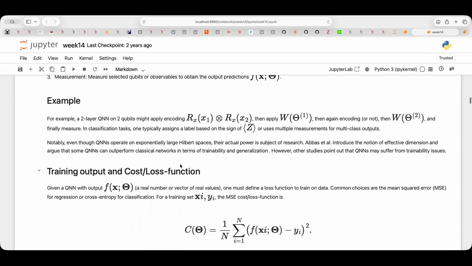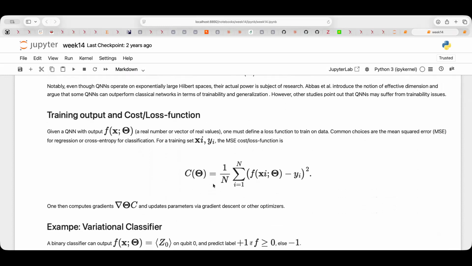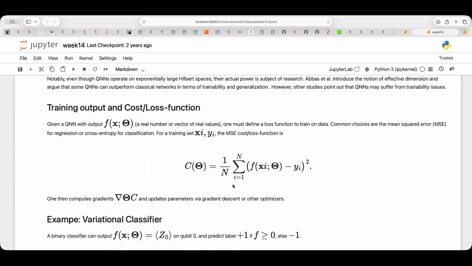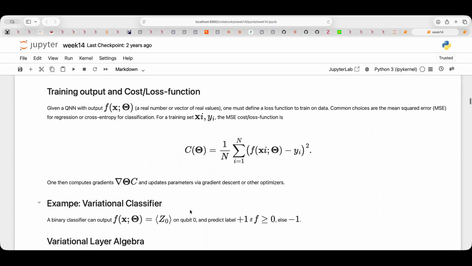So there are several examples here. And in the example which you will see, this is what I am going to encode. So I'm going to optimize the mean squared error. This is the first example which you will see. And the other example is a variational classifier, where a binary classifier can output either qubit 0 or qubit 1.